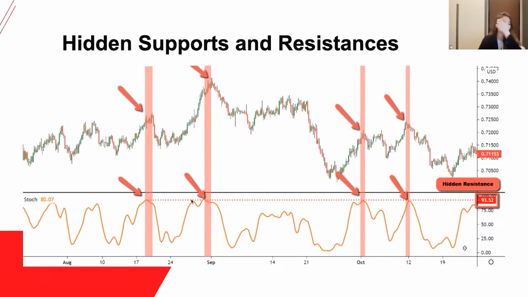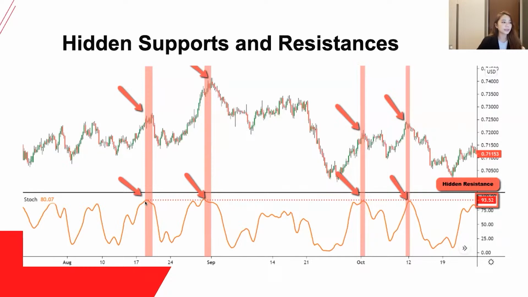So if you stop yourself or let go of your buy at the price where it hits 80 in the range, you would be ignoring hidden resistance at around 93.52, or cutting short the profit you could possibly have made.